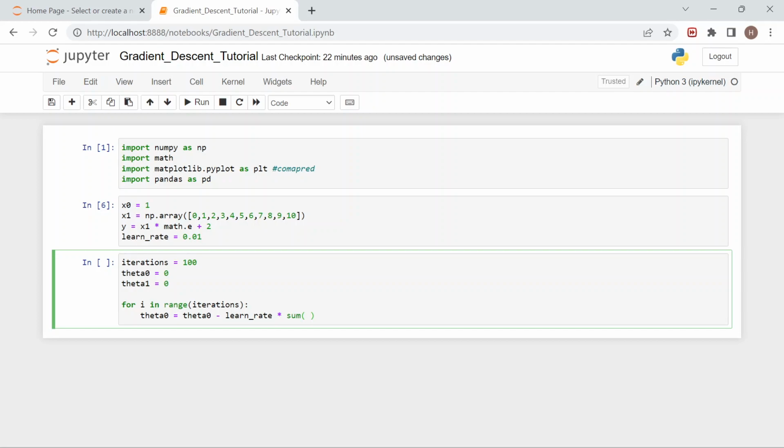The sum of x0 multiplied by theta 0. Theta 0 is our C term, intercept term, or the bias.